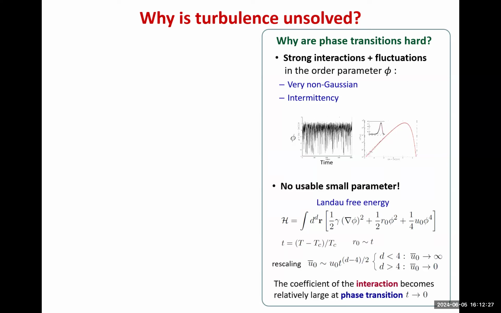So when d is less than 4, as t goes to 0, this thing actually goes to infinity. So the interactions go to infinity as I get close to the transition below 4 dimensions. They don't go to 0. Okay, so it's mind-boggling, right? There's a small parameter that's not usable.